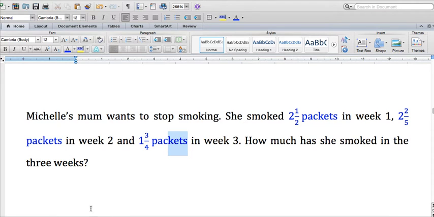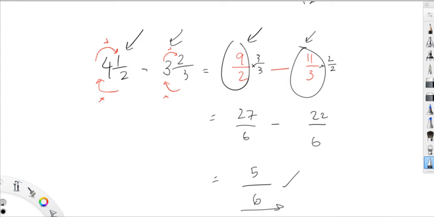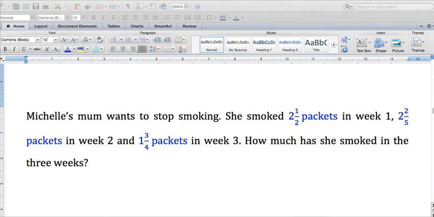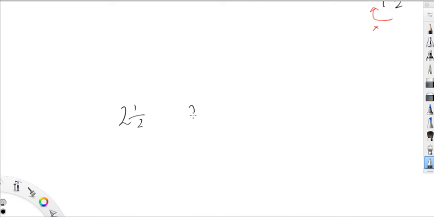Now, of course, you're adding these 3 figures here, these 3 fractions. So 2.5 plus 2 2/5 plus 1 3/4. We're adding them.